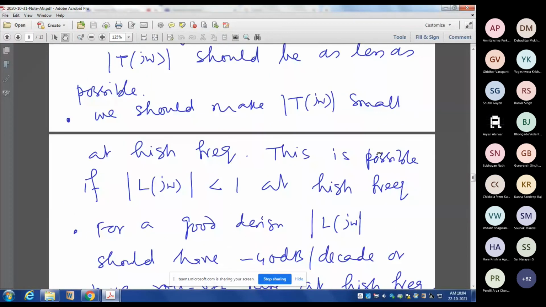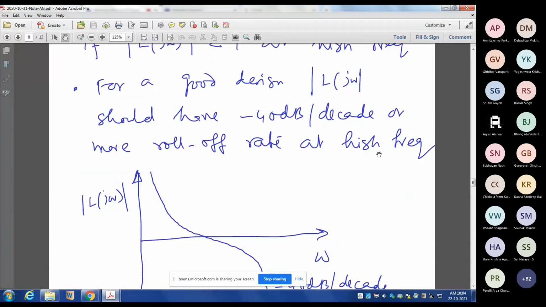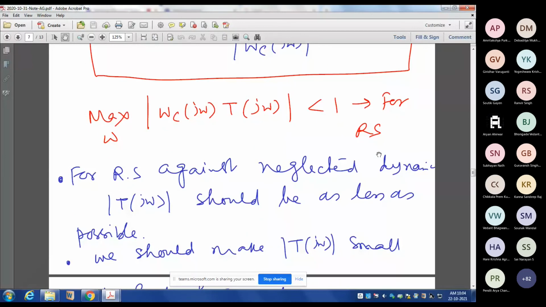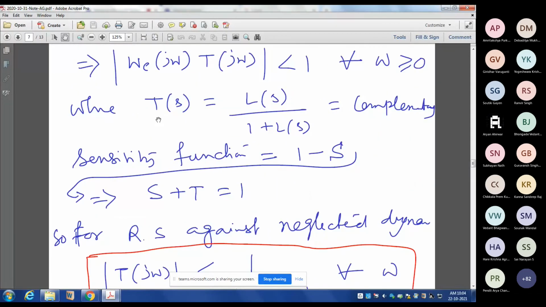You can see how you can make T(jω) very small at high frequency: T(jω) is small at high frequency if L(s) is made small at high frequency. Another thing is important, that L(s) has to be large at low frequency in order to have low sensitivity at low frequency.